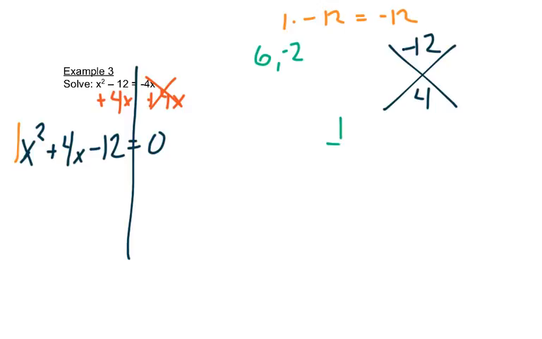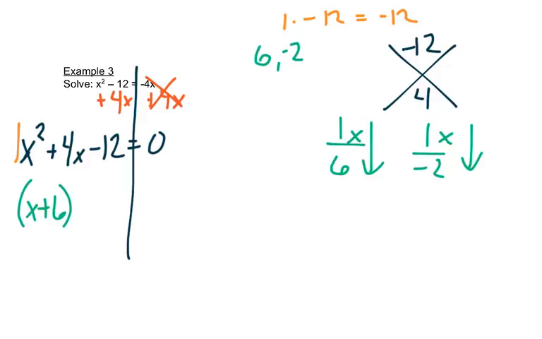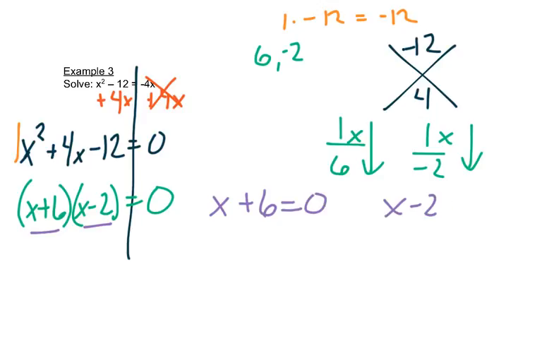So I put a 1 over 6 and a 1 over negative 2. There's an x in both spots, so I read this straight down to write my two factors. I would get 1x or x plus 6 and 1x or x minus 2 equals 0. That allows me to write my two equations, x plus 6 equals 0 and x minus 2 equals 0.